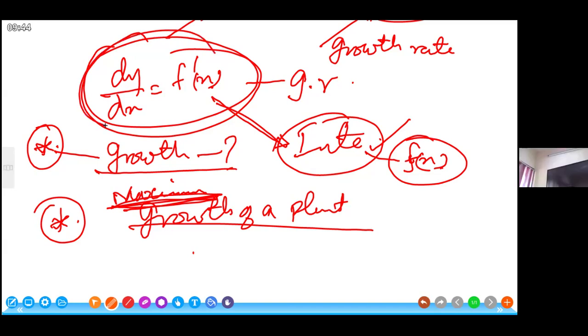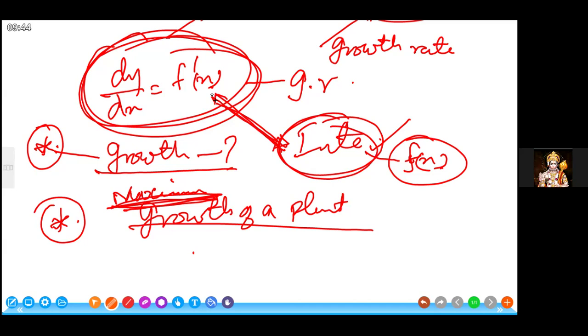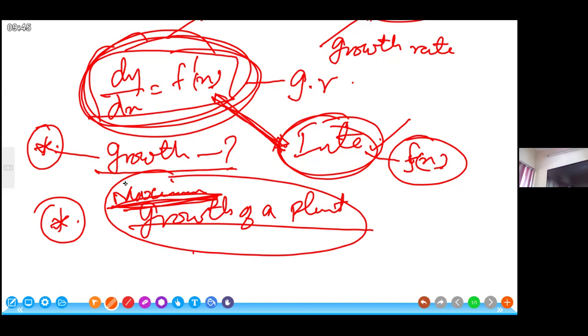Because the derivative is already given in the question as a growth rate, and you have already integrated that. Now I'm asking how to apply this maximum.